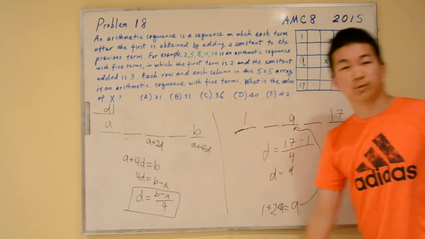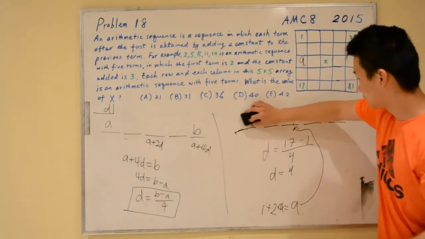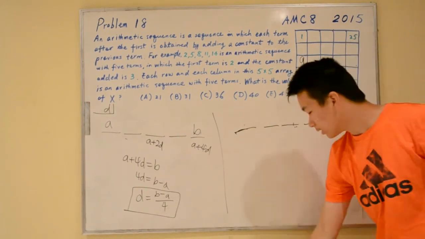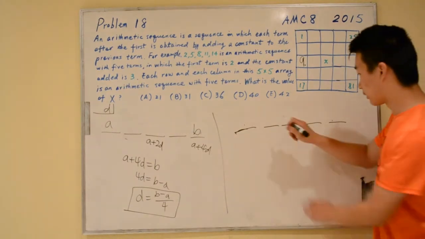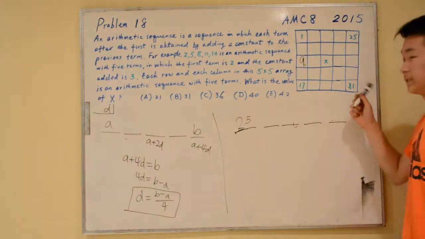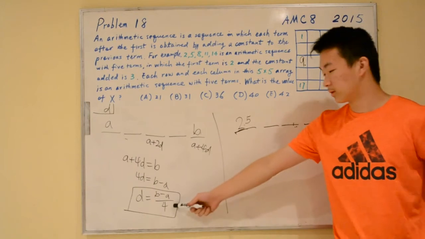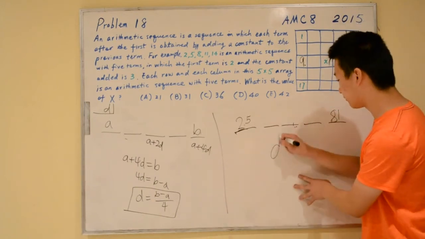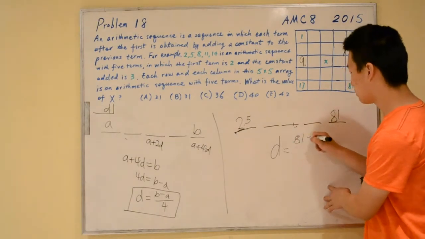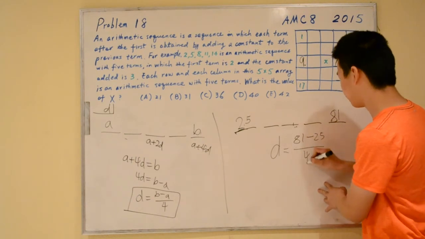Okay, so now let's work on this column right here. The first term is 25. The last term is 81. If we use the formula, the common difference d is the last term minus the first term over 4.